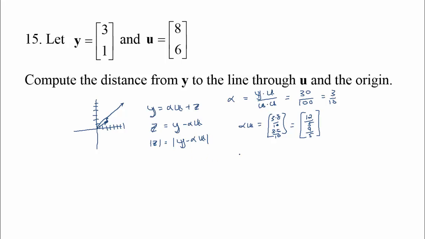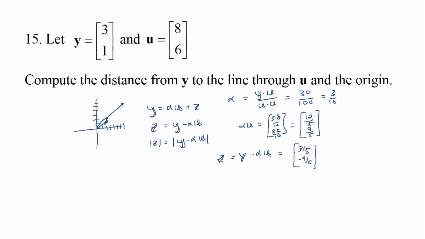Then to find z, I'm just going to take y minus alpha u. So 3 is 15/5 minus 12/5 would be 3/5, and 1 is 5/5 minus 9/5 would be negative 4/5. So that's my vector z.